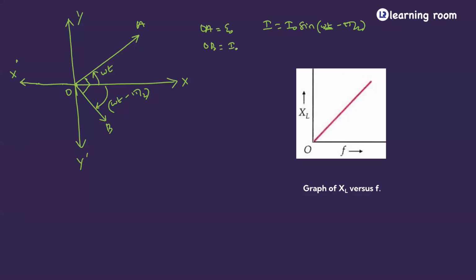So this clearly indicates that EMF is going to lead current by pi by 2, or current is going to lag EMF by pi by 2. So you need to be clear with both. Is the point clear? So first make a note of this.